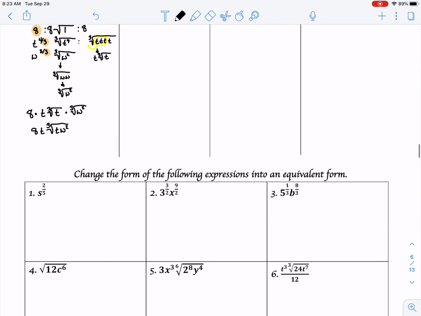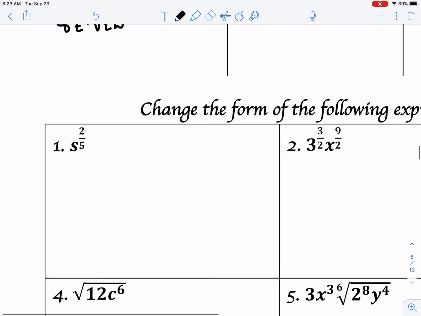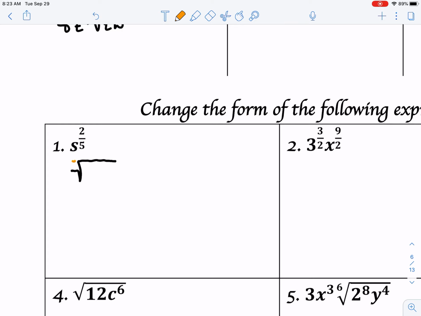All right. So I'll do a couple more examples. S to the 2/5. Again, S. So I make my radical. My index goes here.